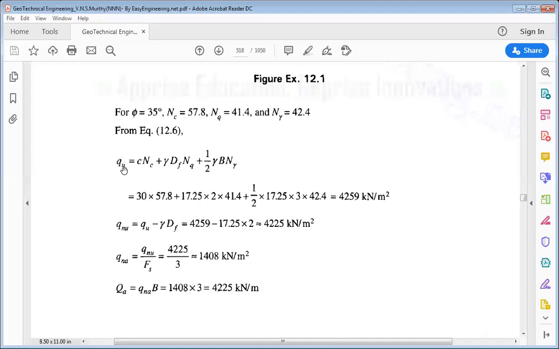Now the first thing is that we have to find out the ultimate bearing capacity. So the ultimate bearing capacity qu is given as c Nc plus gamma Df Nq plus half gamma B N gamma.